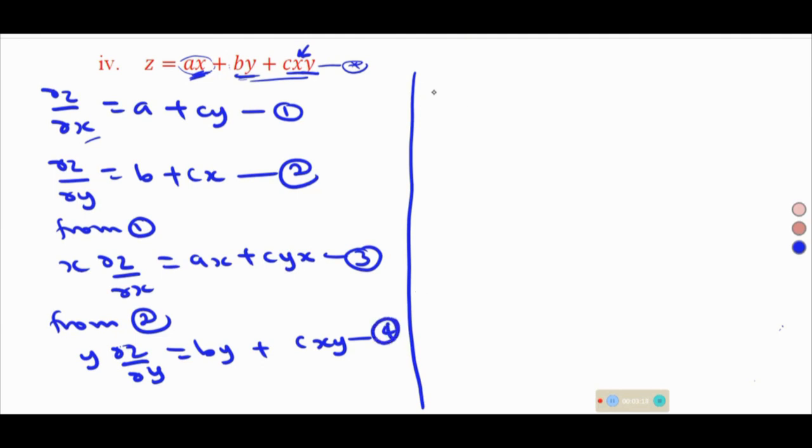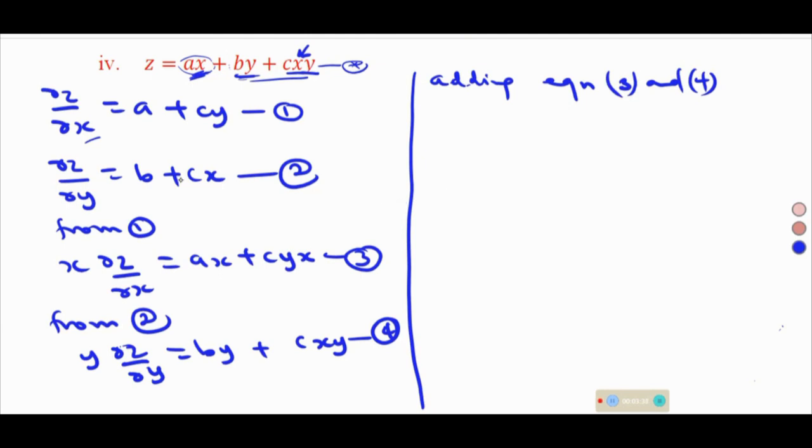Now we realize that from equations 3 and 4 we can have some relationship there. Let me add equation 3 with 4.